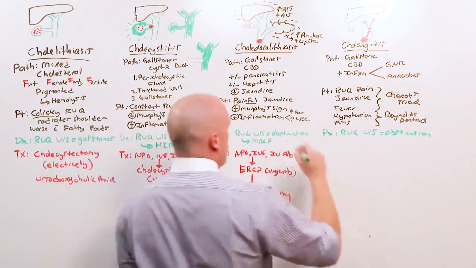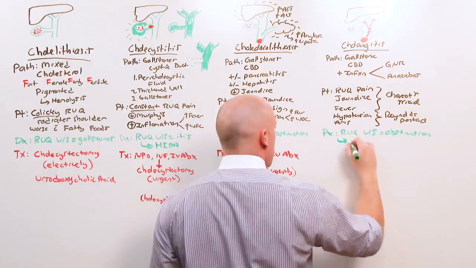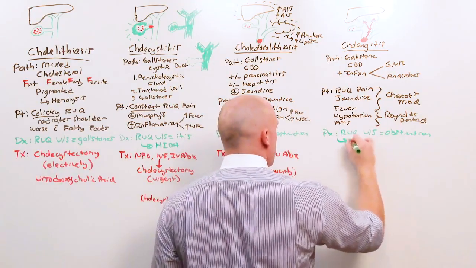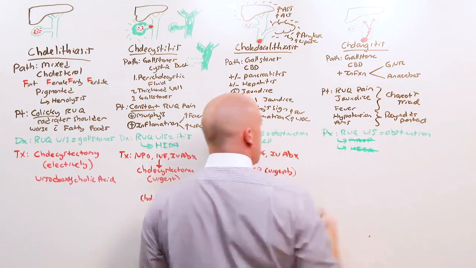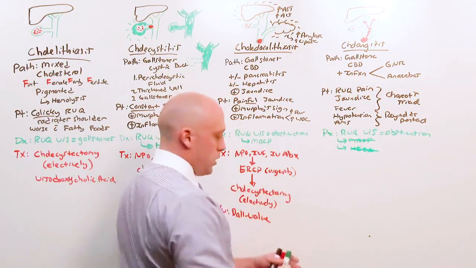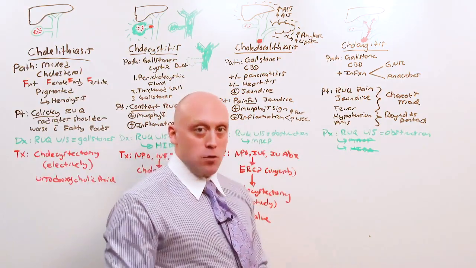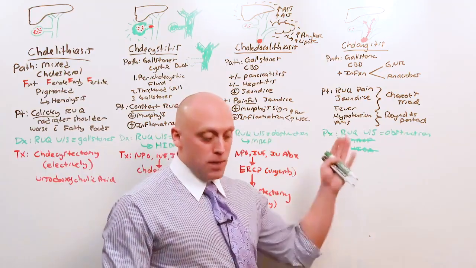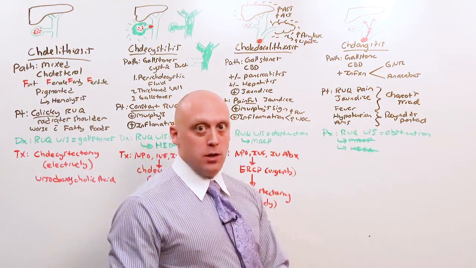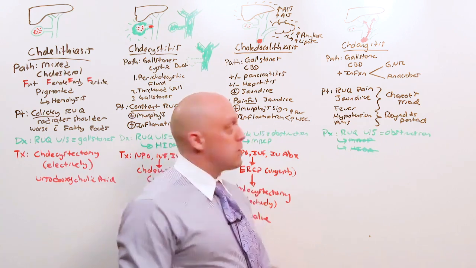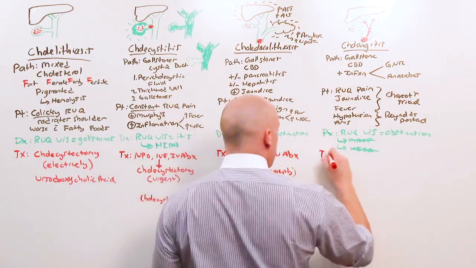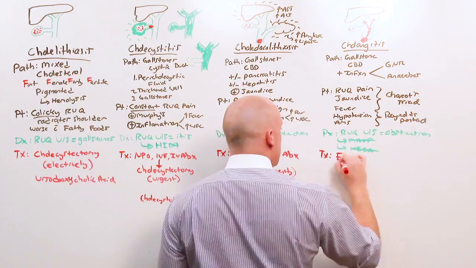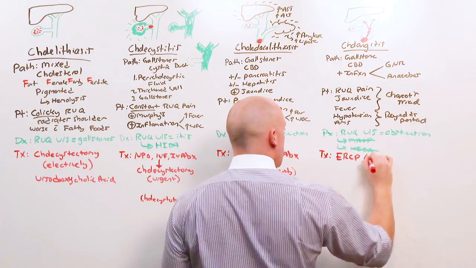But unlike choledocholithiasis, you'll have the option of doing the MRCP. Don't do that. You have the option of the HIDA scan. Don't do that. Because if they've got cholangitis, they need that stone out of the way right now so that bile can flow and the infection can clear. No amount of antibiotics are going to save them if the stone is still there. So both the therapeutic and diagnostic step is ERCP, and this is done emergently.